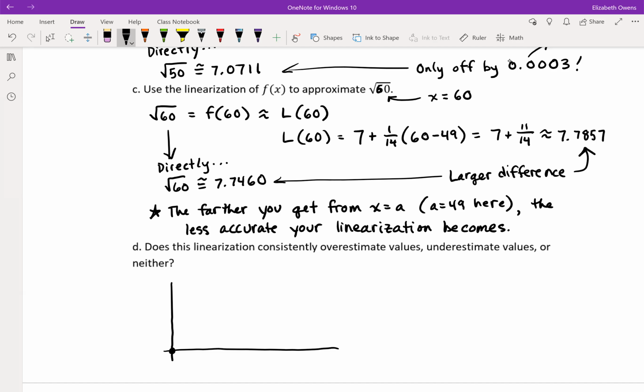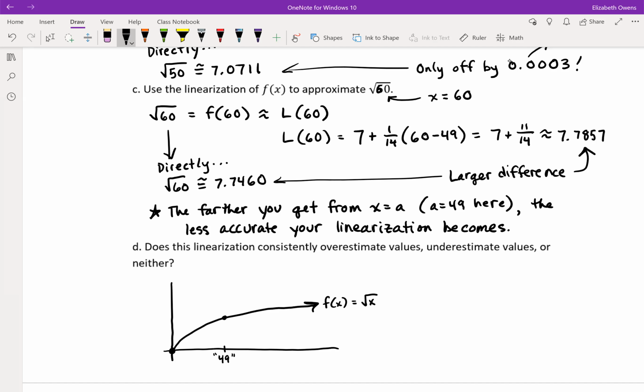And if you just make a really generic square root curve, it would look something like that. Let's say arbitrarily that a equals 49 is about here. I'll even put that in quotes because you know it's not to scale.